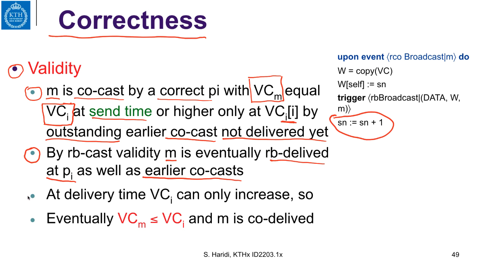So at delivery time, the local vector at that process can only increase. So eventually the vector clock associated with this message will be less than or equal to the vector clock of the process, and M will be causally delivered.